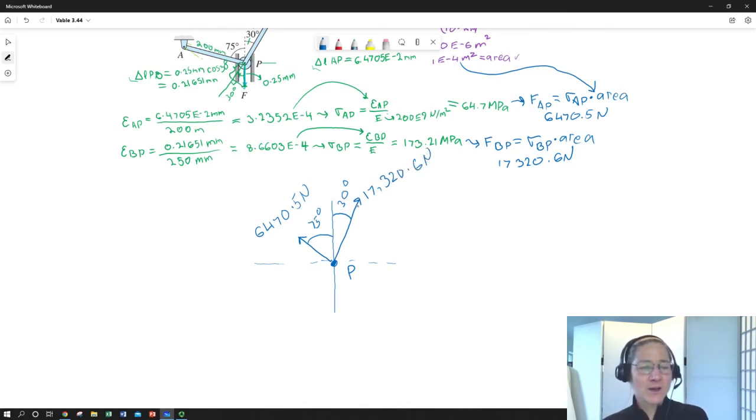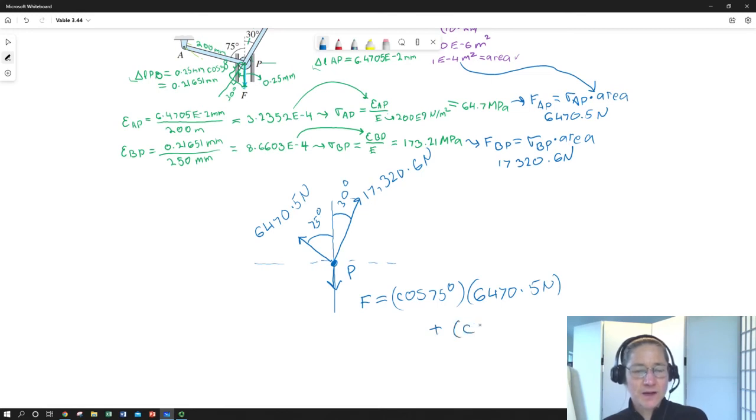So if we take the y component of both of those, and note the point P is not accelerating upward or downward in the vertical, we can get force F is simply our cosine 75 degrees times 6470.5 newtons plus cosine 30 degrees times 17,320.6 newtons. Probably could have rounded that off and been okay.